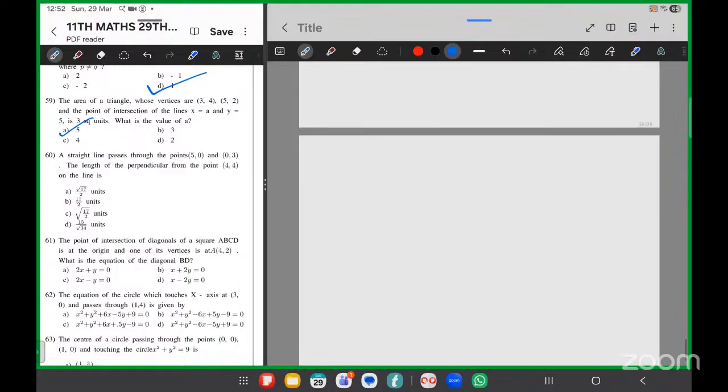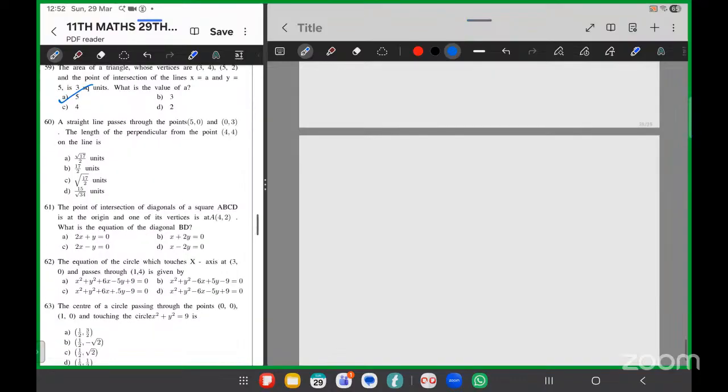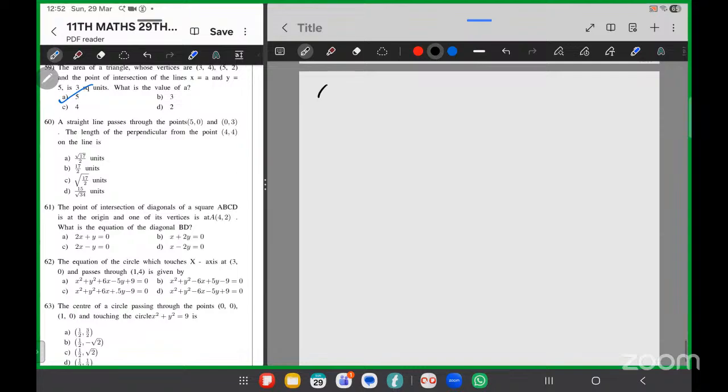Question number 60. A straight line passes through the points 5 comma 0 and 0 comma 3. Find the length of the perpendicular from the point to the line.